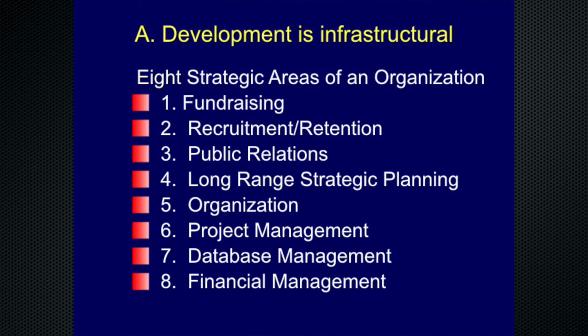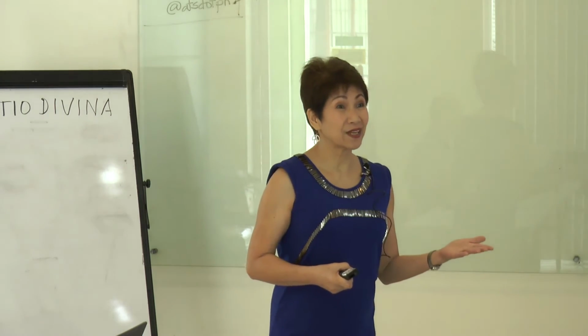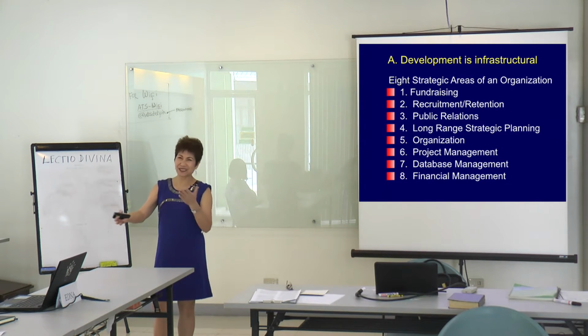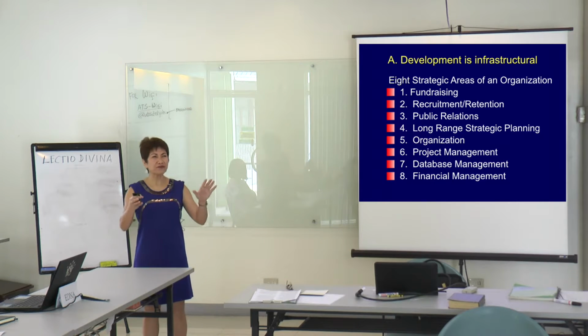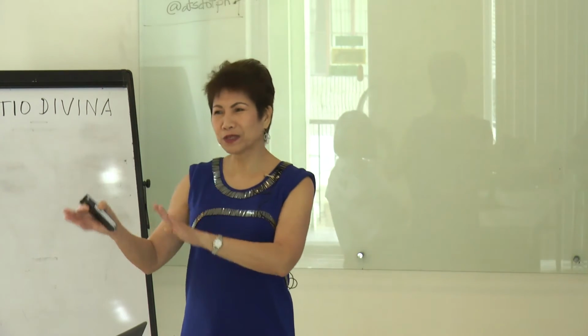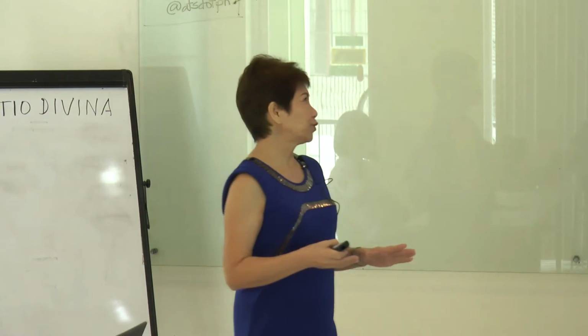Then you have public relations. Of course, you need to identify who are our stakeholders, who are our constituents, who are our prospective donors. And then you have the strategic long-range planning. That's where we articulate our vision, our mission, our strategies, our programs, our budgets, and where we will get the funding to support our programs and budgets.